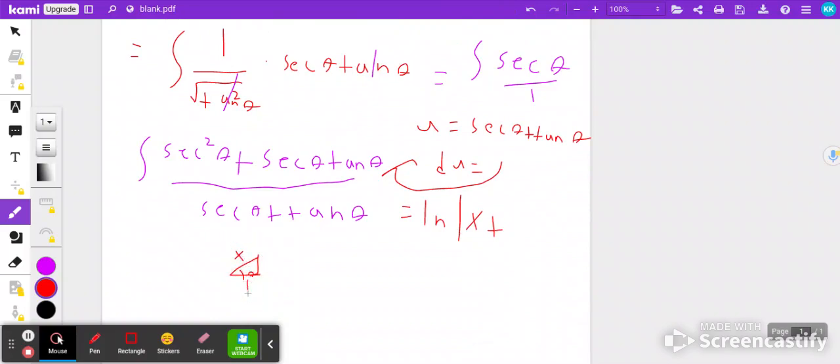Sorry, this is 1, and this is the square root of x squared minus 1. So the tangent theta, opposite over adjacent, is square root of x squared minus 1. And under absolute value, and then plus c.